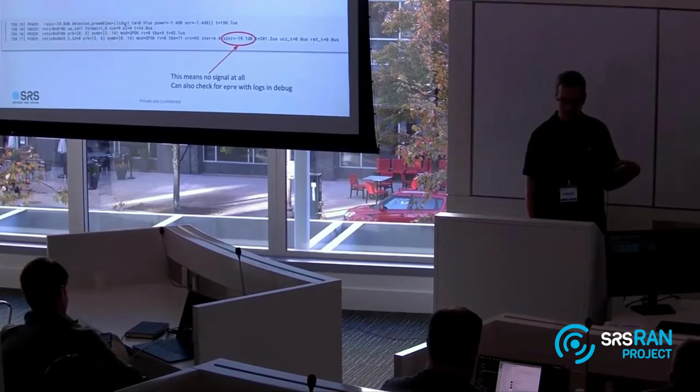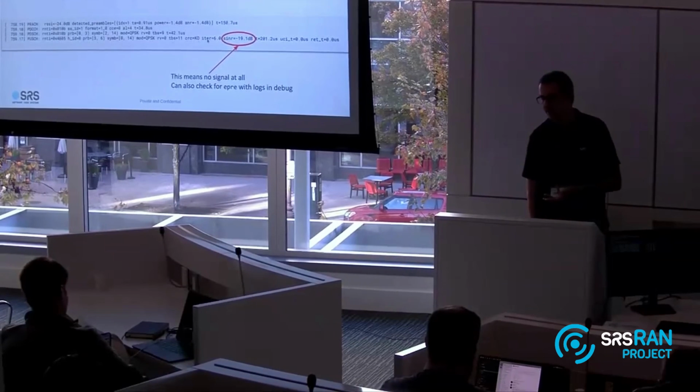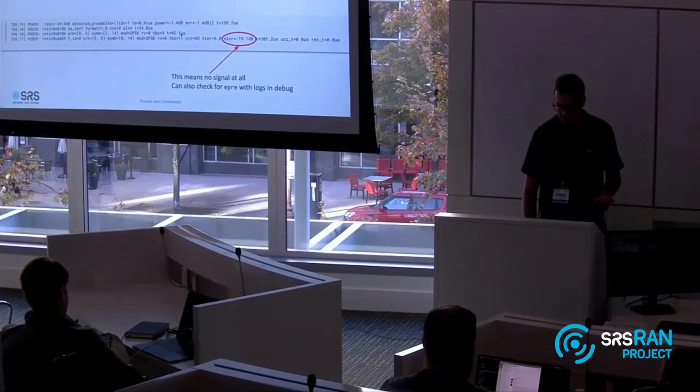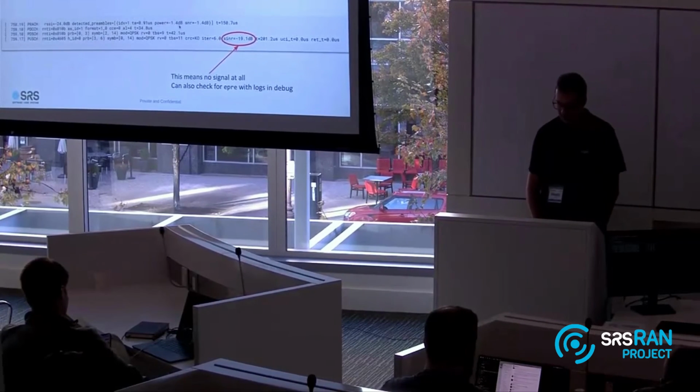If the UE sends preamble number 2, and we detect, in this case, number 1, we will send the random access response for preamble 1, and we won't see any signal because the UE didn't receive the random access response. So in this case, what you could do is look at the timing advance of the PRACH, look at the SNR levels, and make sure that you actually detected that PRACH, that it wasn't a false alarm, for instance.